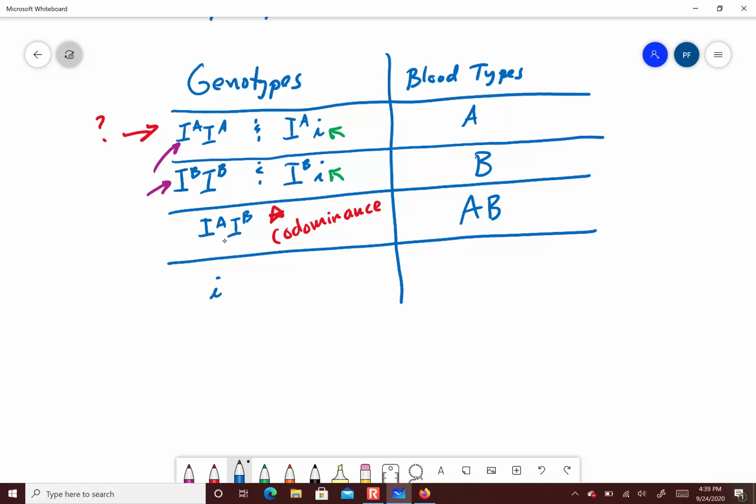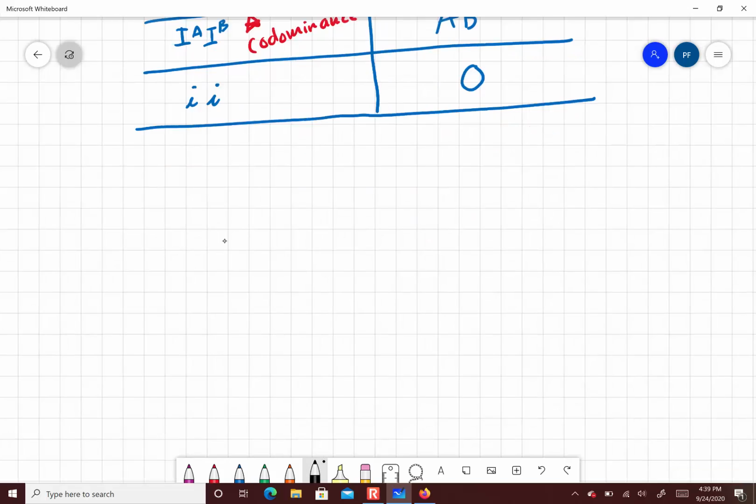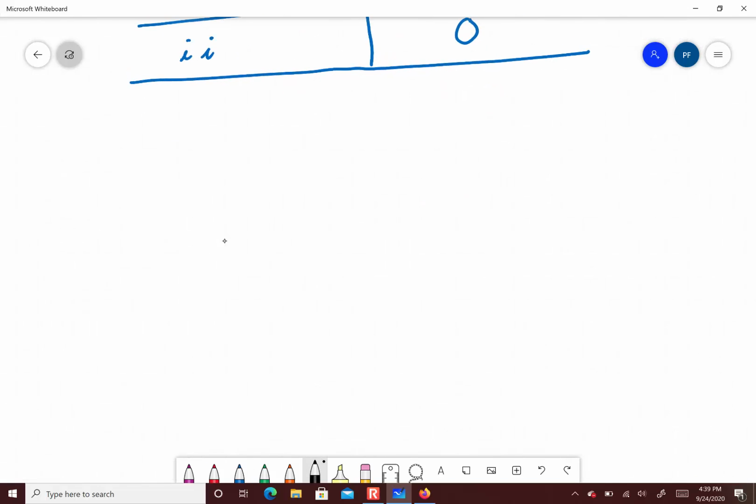And then our last option is if we're just homozygous recessive, right? What if we have both little i's? And that is type O. Right? So two little i's is basically telling you there's no A's, there's no B's. That's type O. So type O actually isn't because of something that's there, it's because of stuff that's not there. There's no A's, there's no B's. All right, so you'll want to refer back to this table when working problems on the blood type crosses that we're doing.